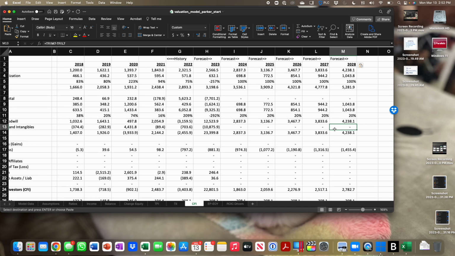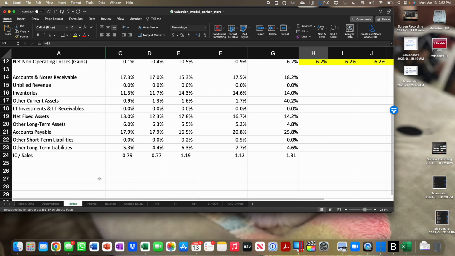All right, so now we're going to go back to the ratios, and we're going to start forecasting these balance sheet ratios. Again, every one of these ratios is a percentage of sales as a placeholder equaling the previous year. The first balance sheet ratio, row 14, is accounts and notes receivable. So if our H14 equals G14, and we're going to make that yellow, because that's something that could eventually change.